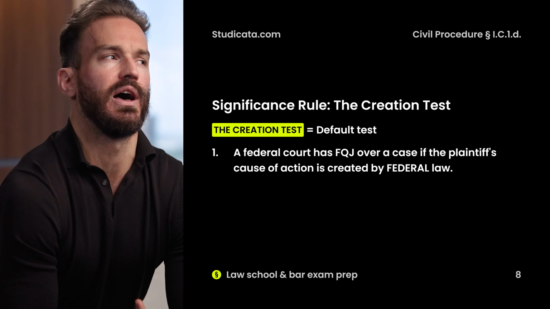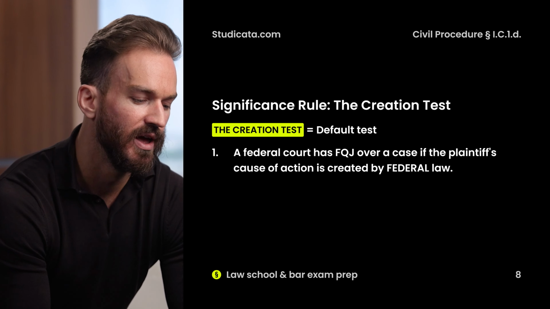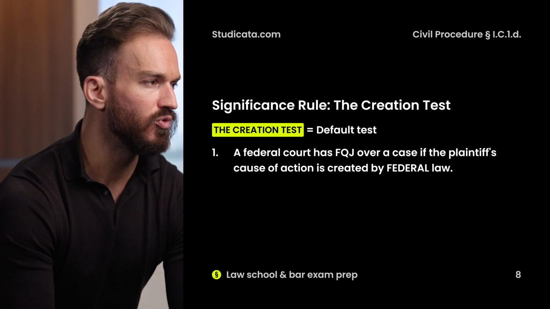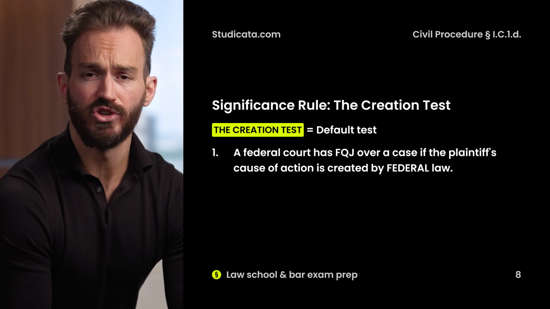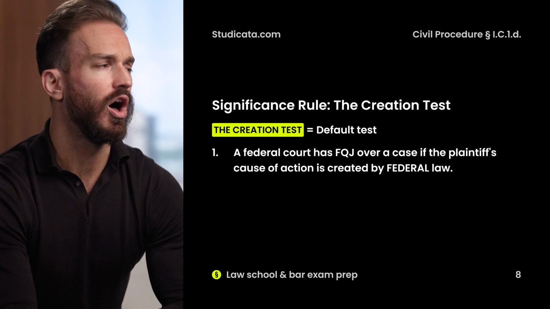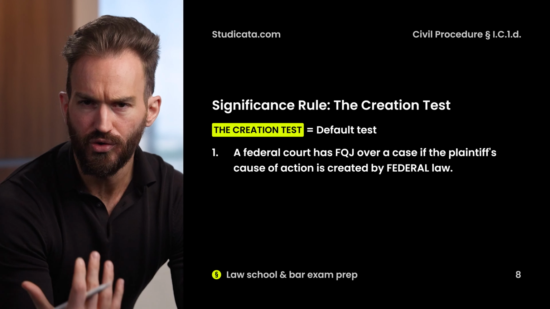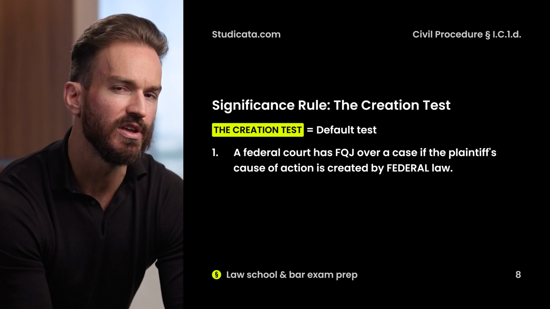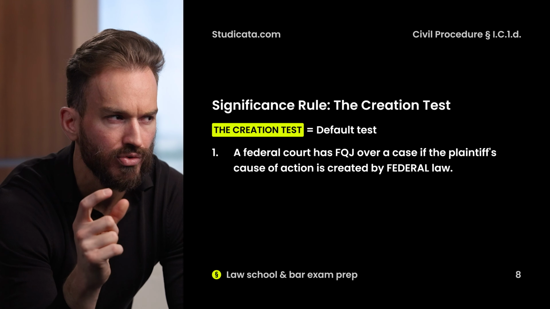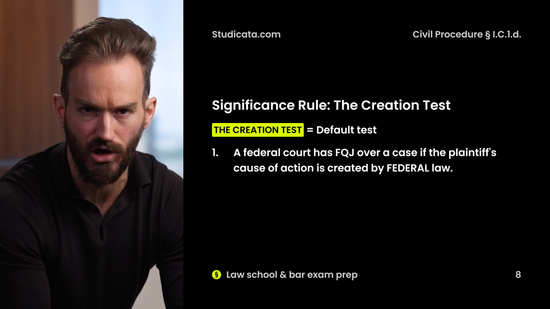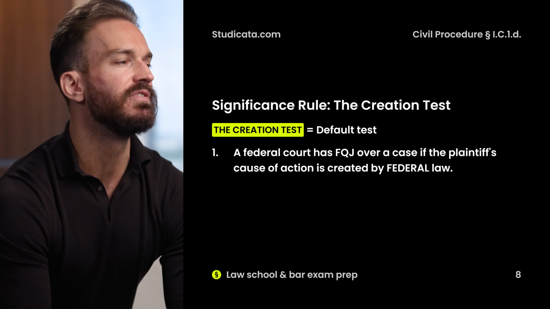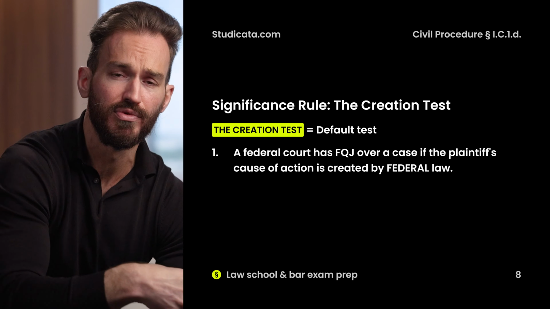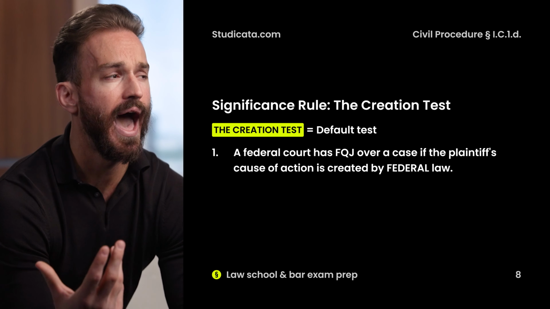Okay, that'd be your most obvious example of the creation test being satisfied. And most of the time, when we see federal question jurisdiction being tested in law school and on the bar exam, the creation test is what's going to be satisfied. It's not as often we see some federal ingredient embedded in a state law claim. Generally, you'll be given some federal statute. It might just be made up. It might be a real thing, depending on how you're being tested.